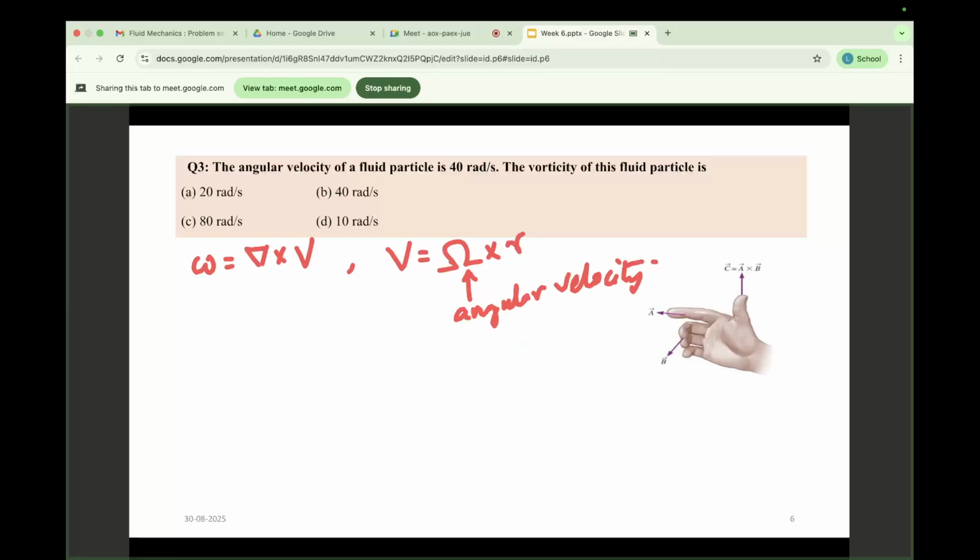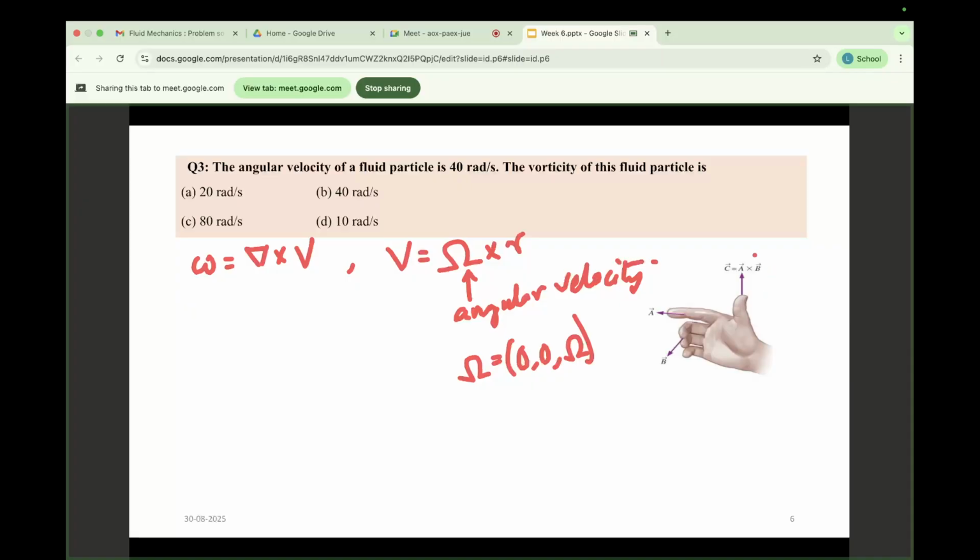Since it's a velocity, this angular velocity is given in a certain direction, and I do not have any details about this direction. So let us assume this one is ohm. Why have I taken this?